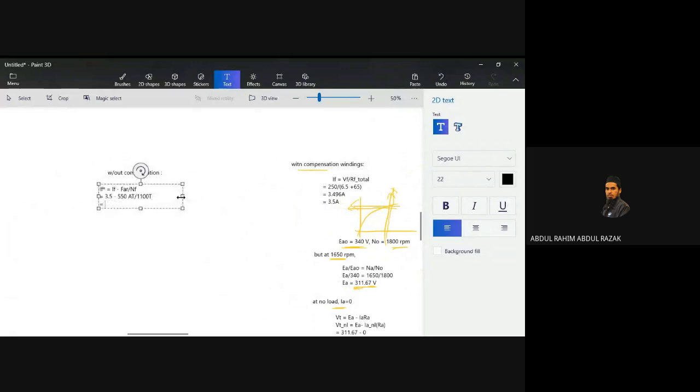So you will get 3.5 minus 0.5 ampere. So it remains as 3.0 ampere only.